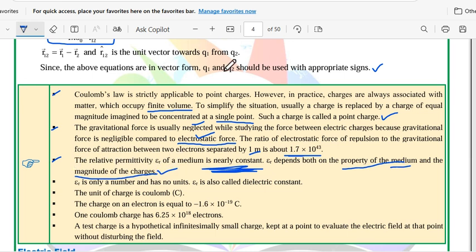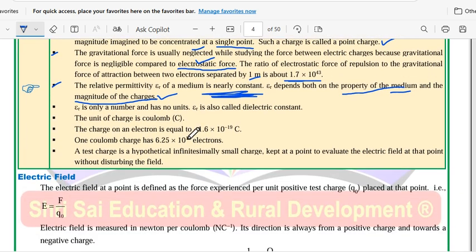Epsilon r depends both on the property of the medium and the magnitude of the charge. And epsilon r is only a number and has no units. Epsilon r is also called the dielectric constant.